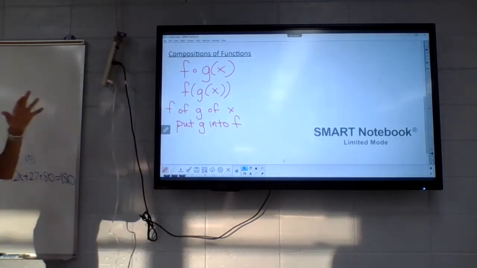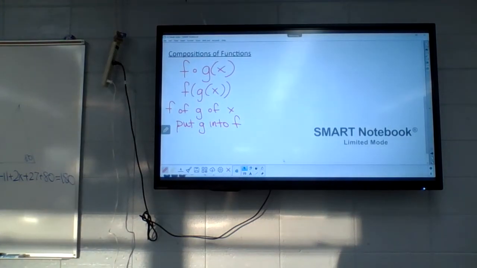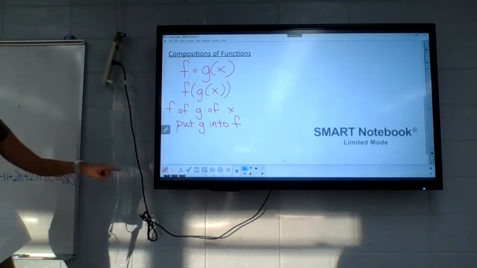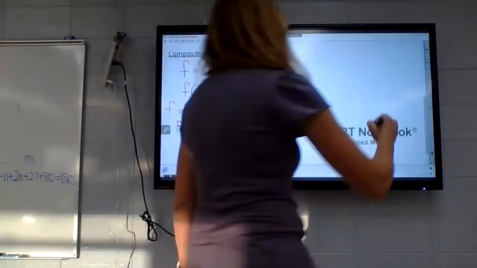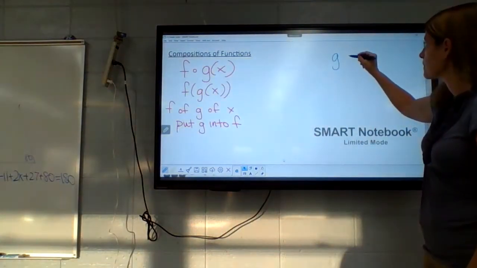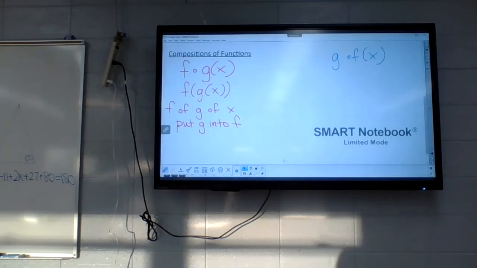And I'll show you a smaller example in a second. We can also do the opposite, g of f.